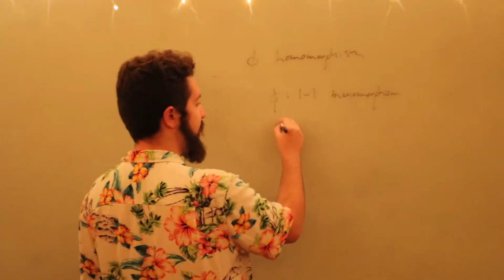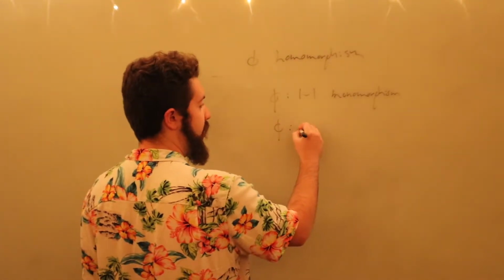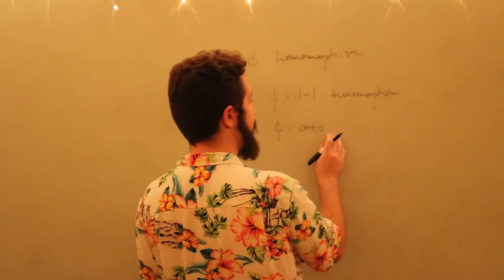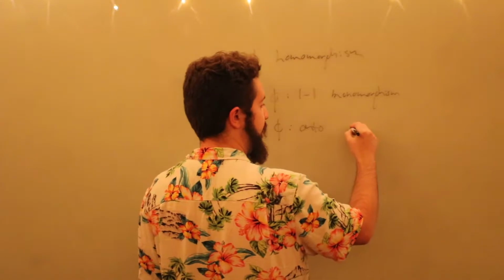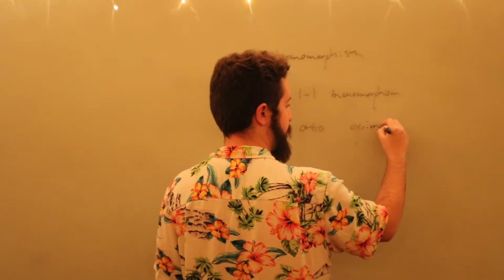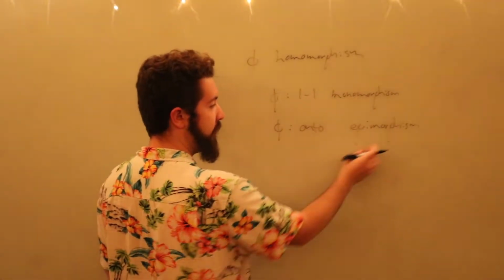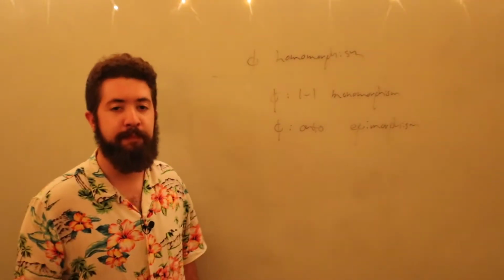Likewise, if phi is onto or surjective, then we're going to call phi an epimorphism. Right? Mono, 1, epi, onto.